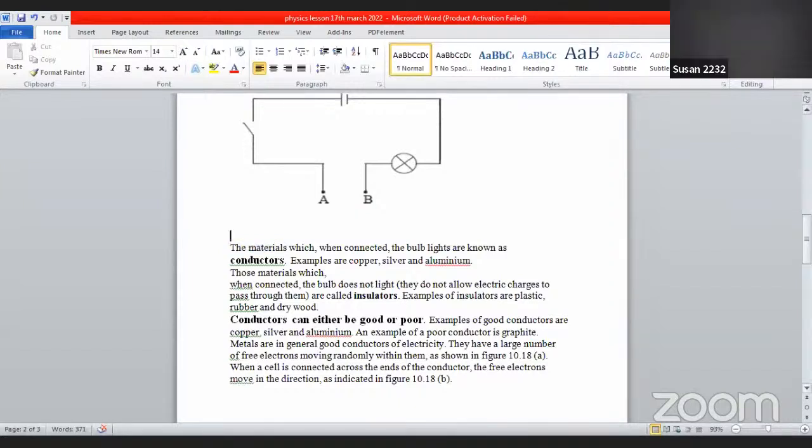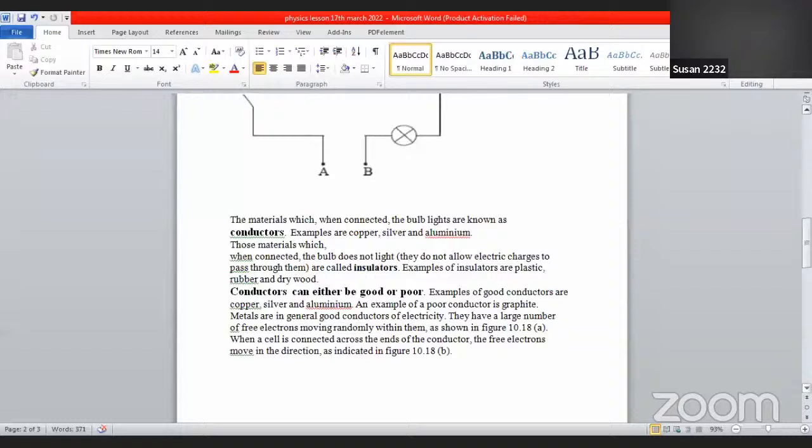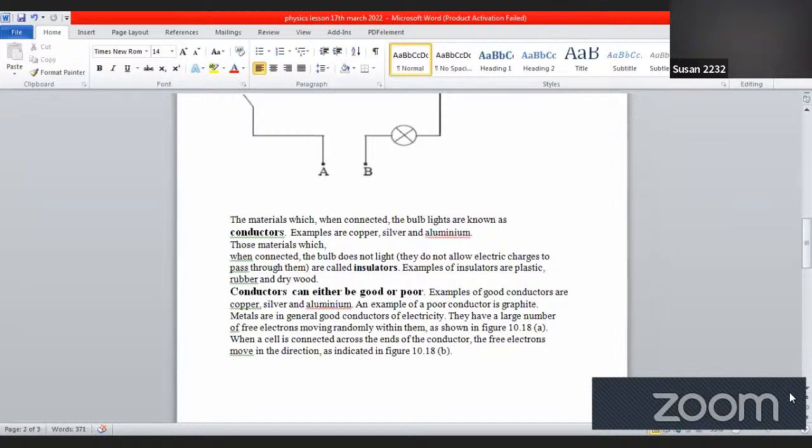The materials which, when connected, the bulb lights are known as conductors. Examples are copper, silver, and aluminium. Those materials which, when connected, the bulb does not light. They do not allow electric charge to pass through them, are called insulators.